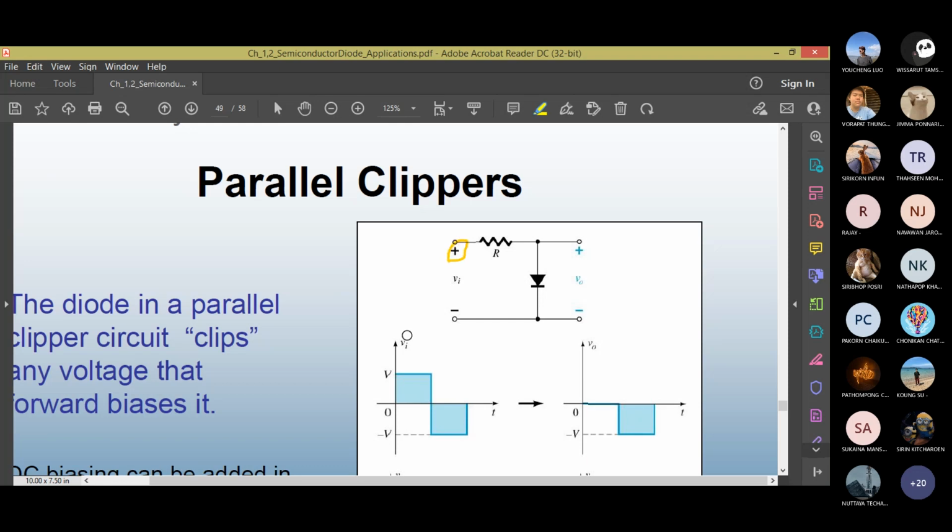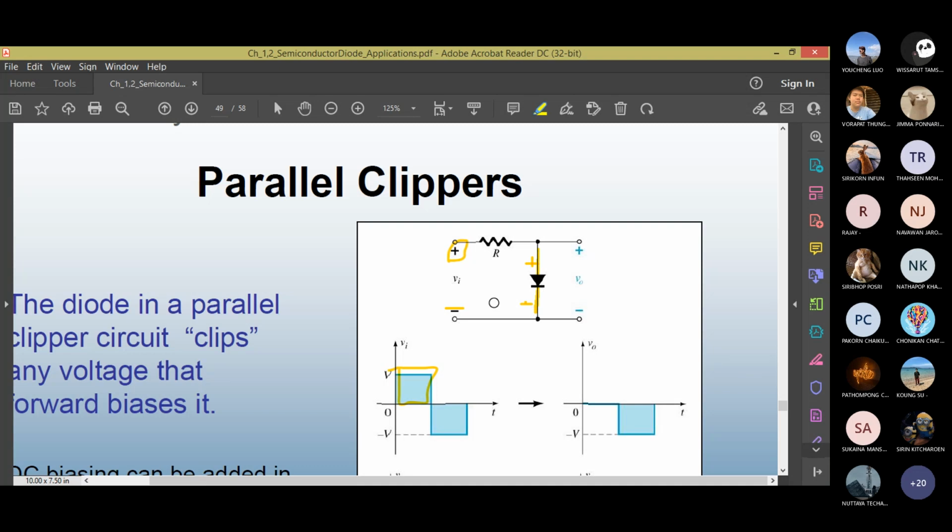Positive cycle here, input voltage, this is the positive, and this negative. Is the diode on or off? Diode is on. Is it forward biased or reverse biased for the positive cycle? It is on.